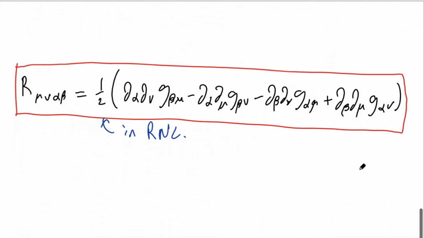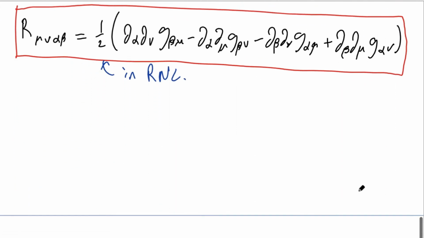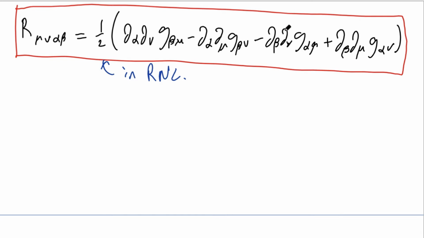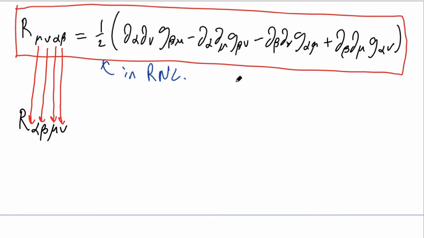Another symmetry of the Riemann tensor can be found in the following way. Here I've repeated the expression for the Riemann tensor in Riemann normal coordinates, and now let's write down R alpha beta mu nu. In other words, let's just swap these indices. Mu becomes alpha, nu becomes beta, alpha becomes mu, and beta becomes nu.